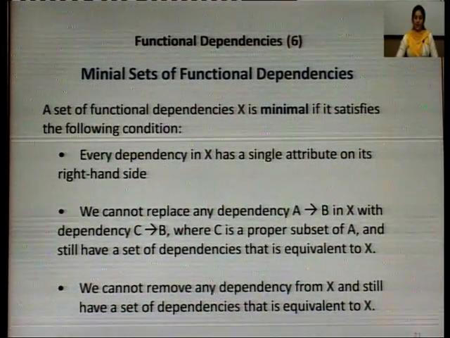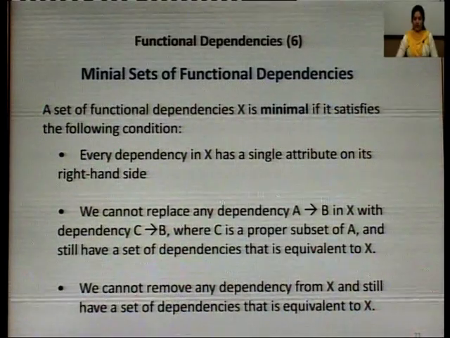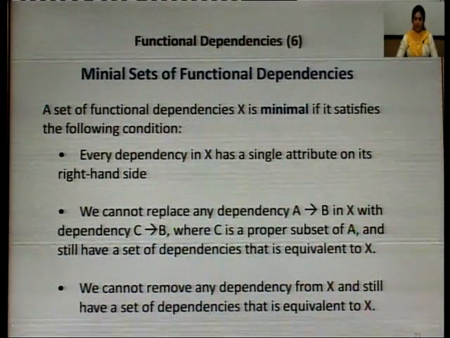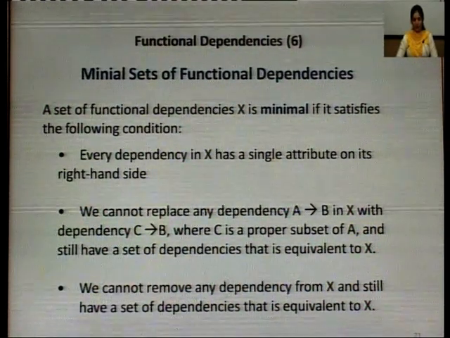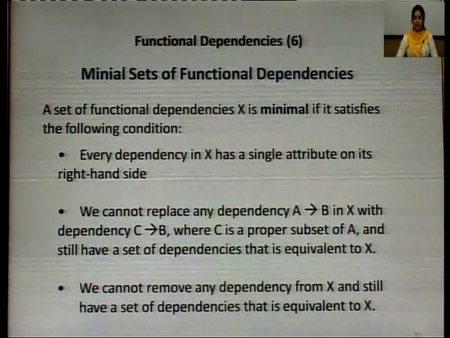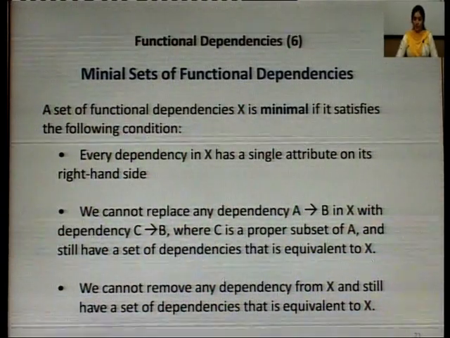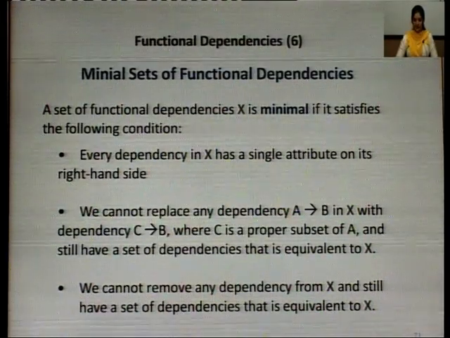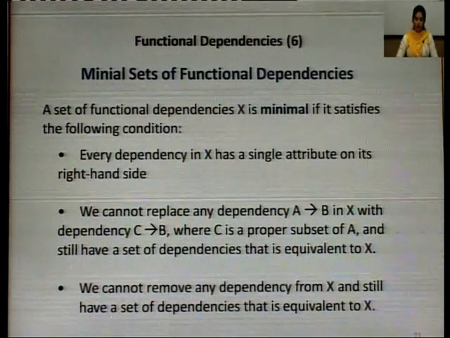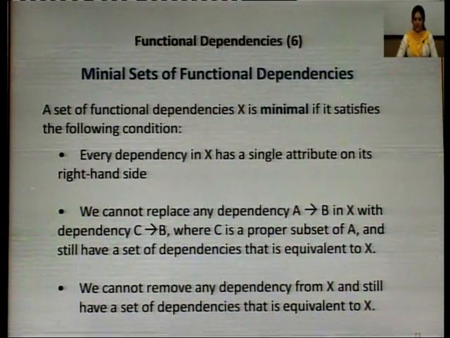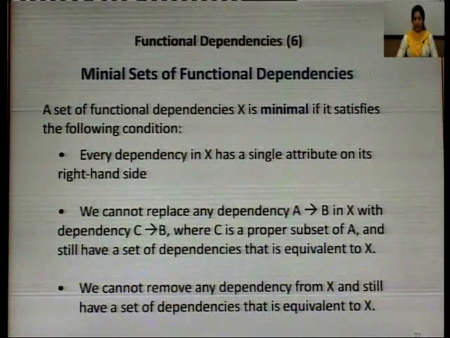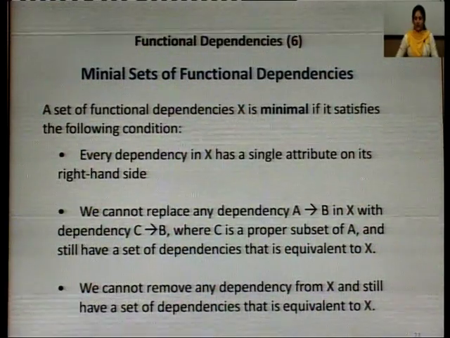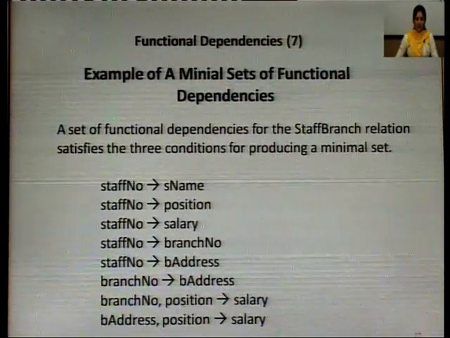Moreover, we cannot replace any dependency where A depends upon B in X, where X stands for a relation being used and A and B are attributes of that relation, with the dependency C belongs to B, where C is a proper subset of A, and still have a set of dependencies that is equivalent to X. And we cannot remove any dependency from X and still have a set of dependencies that is equivalent to X. So these are sets of functional dependencies that a table may have.